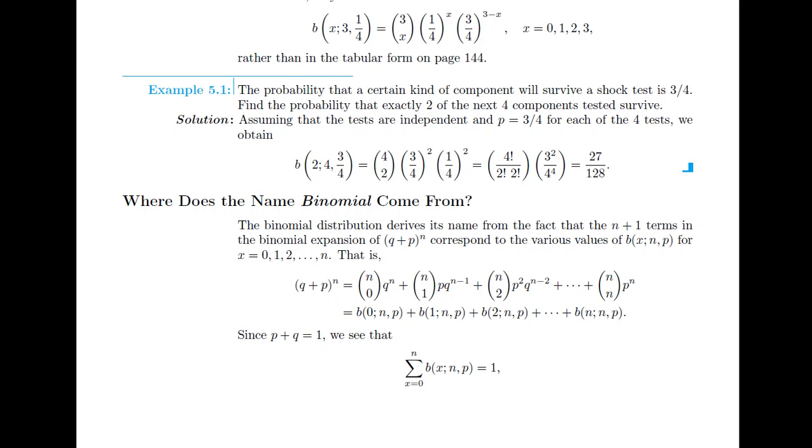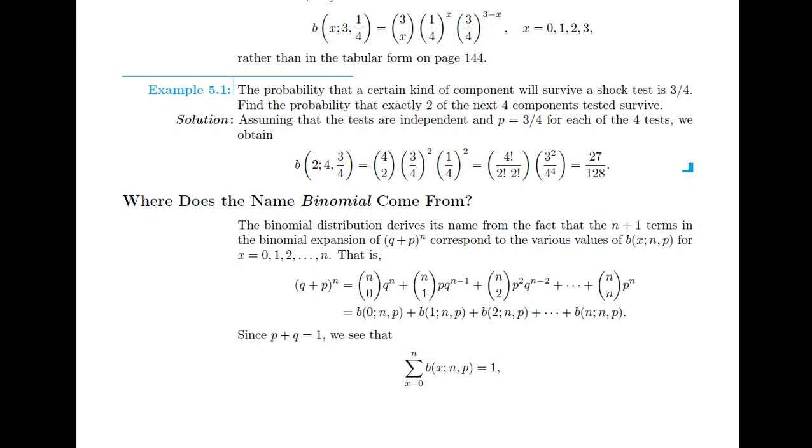Example: the probability that a certain kind of component will survive a shock test is 3/4. Find the probability that exactly 2 of the next 4 components tested survive, assuming that the tests are independent, and p equal to 3/4 for each of the 4 tests.